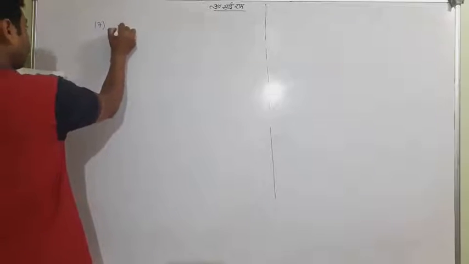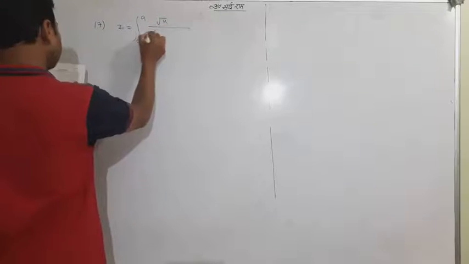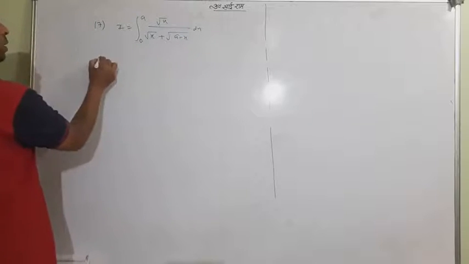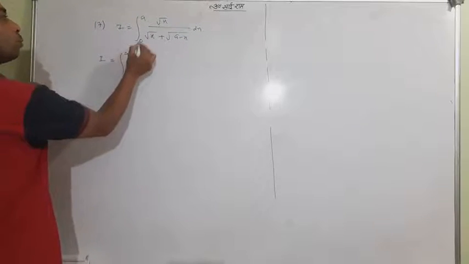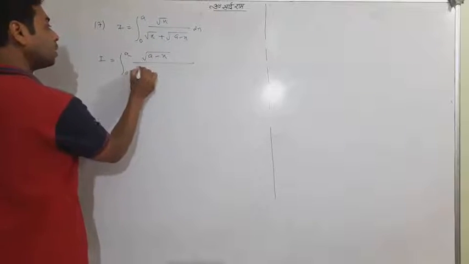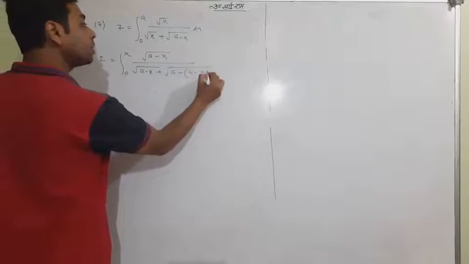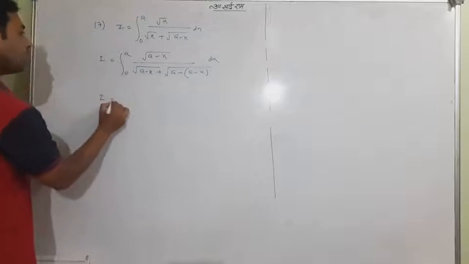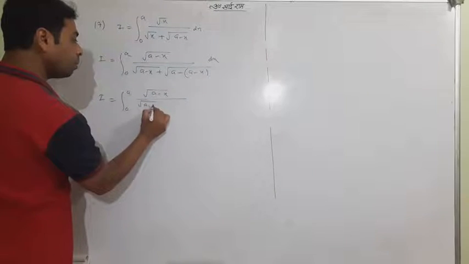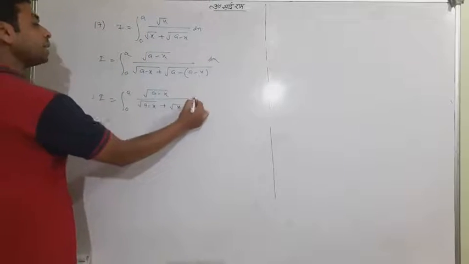So the 17th one I am just fond of telling you: integral 0 to a of x upon x plus a minus x. Now students, I use again the so-called property that 0 to a, meaning a minus x. It is again a minus x, and instead of x, a minus x. What it has become now, 0 to a, it is a minus x, and after opening the bracket, it is only x because a and a will cancel.